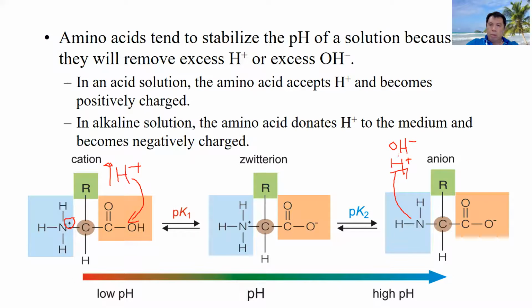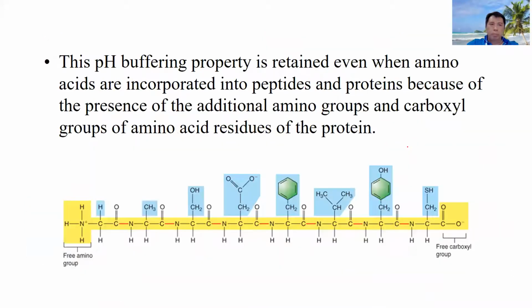These hydrogen ions will react with the hydroxyl groups to form water, so the concentration of hydroxyl groups will be reduced. This restricts the change of the pH of a solution. So the amino acids are a very important biological pH buffer.